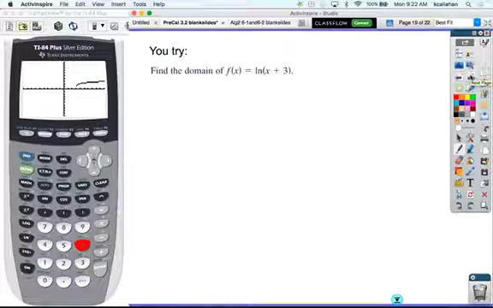So what is the domain of that? I think we already did this. What kind of shift is that?